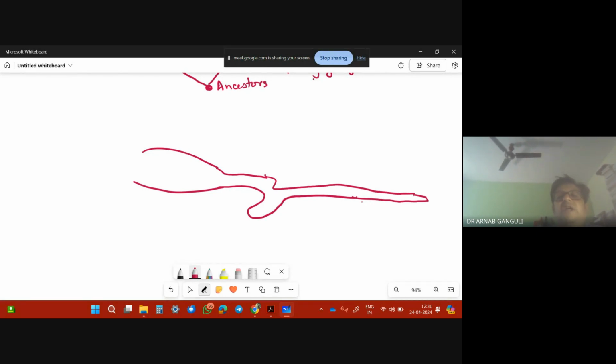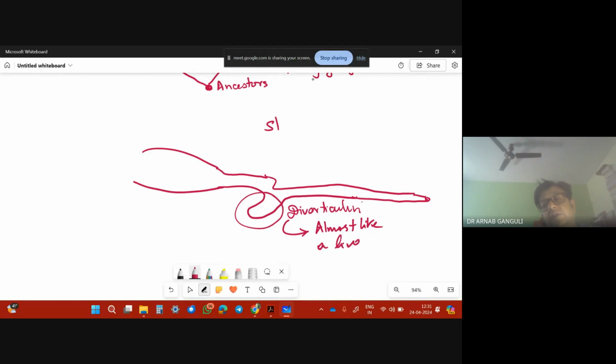So there is no stomach. There is a diverticulum. It almost acts like a liver.